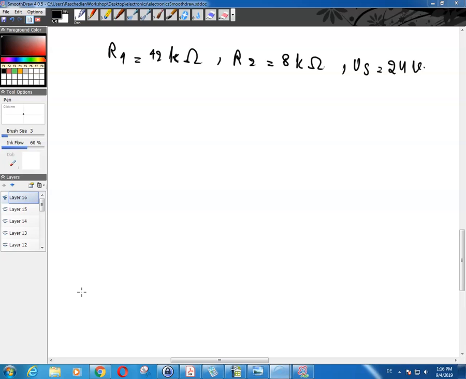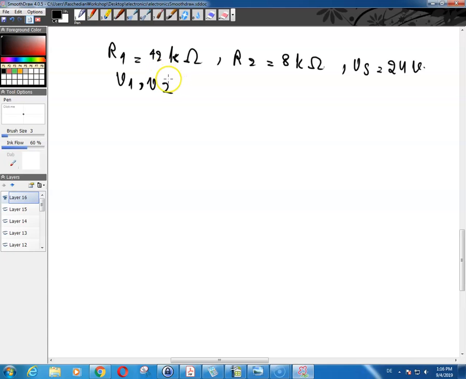Okay, so in order to calculate these two voltages, V1 and V2, basically you have these two resistors connected in series, and then you have a power supply voltage of 24 volts, and you want to calculate the voltage drop across these two resistors.